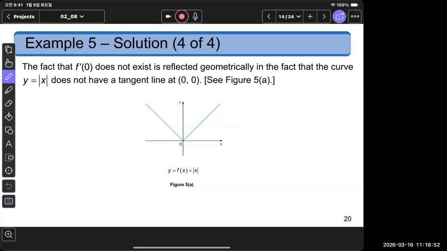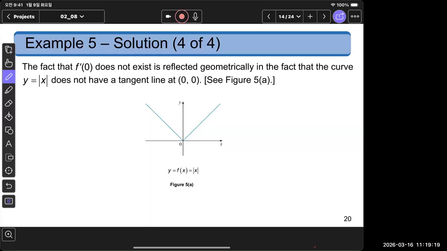So f prime does not exist. And that is quite clear from the graph of the function, because f prime of 0, if it exists, must imply the slope of the tangent line. But as you can see, we cannot consider any tangent line for this absolute value function at 0.